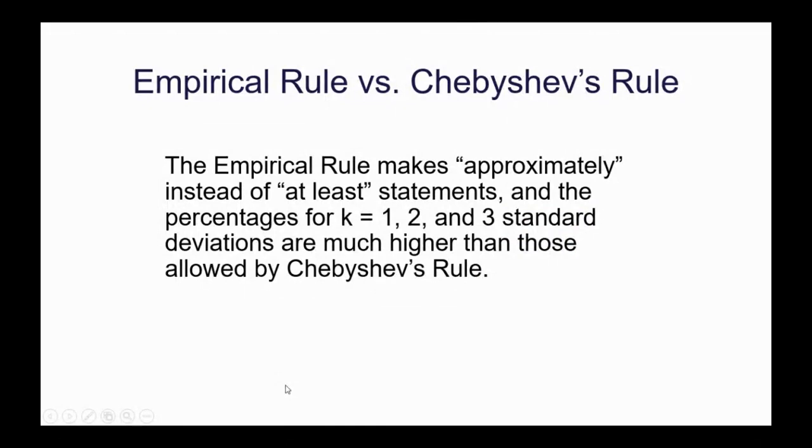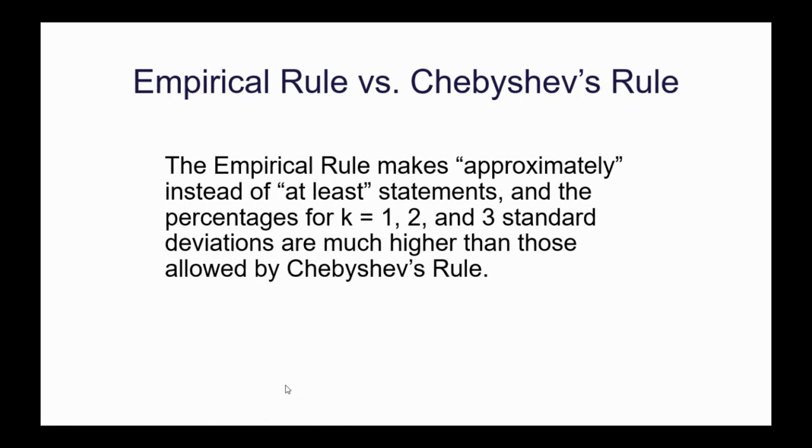Okay, so the empirical rule versus Chebyshev's. The empirical rule makes approximately instead of at least statements. And the percentages for K equals 1, 2, and 3 standard deviations are much higher than what Chebyshev's allows. We saw that, we were at 99.7% within 3 standard deviations. Are there any situations when Chebyshev's rule is better?